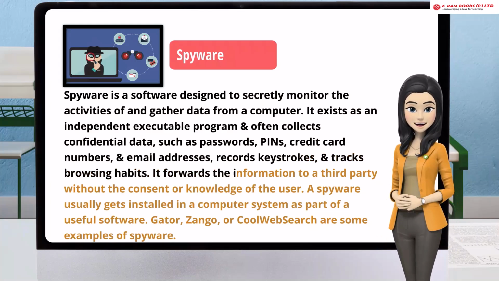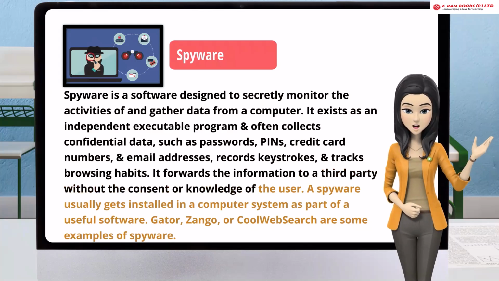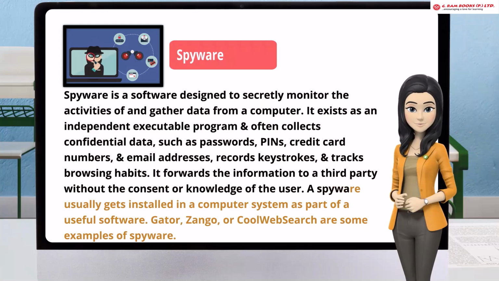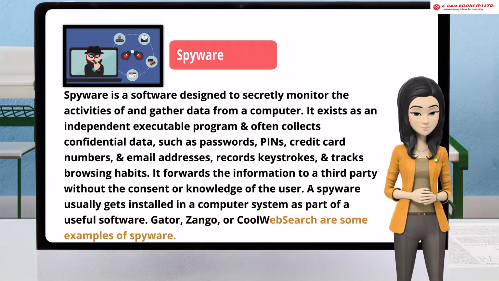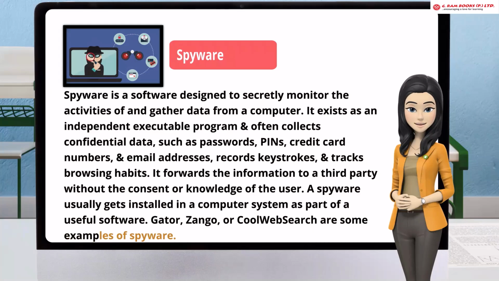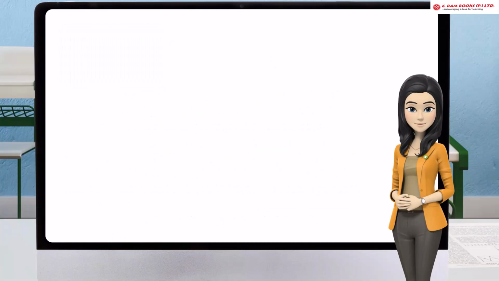It forwards the information to a third party without the consent or knowledge of the user. A spyware usually gets installed in a computer system as part of a useful software. Gator, Zango, or Cool Web Search are some examples of spyware.